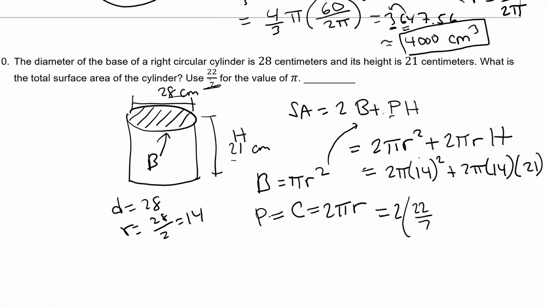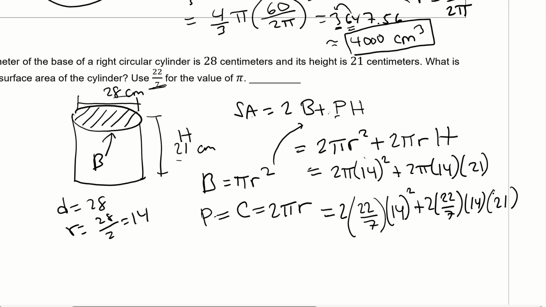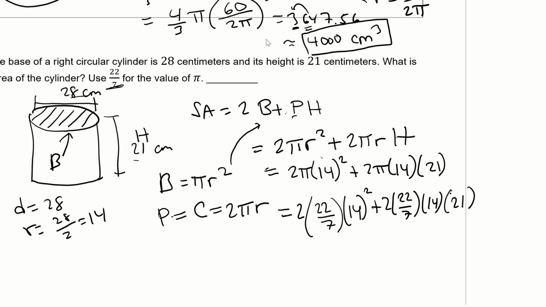We got 22/7 times 14 squared plus 2 times 22 over 7 times 14 times 21. We'll do this on the calculator, of course, on Desmos. If you do it on there, you should get 3,080, and it's going to be in centimeters squared, because surface area is always square units.